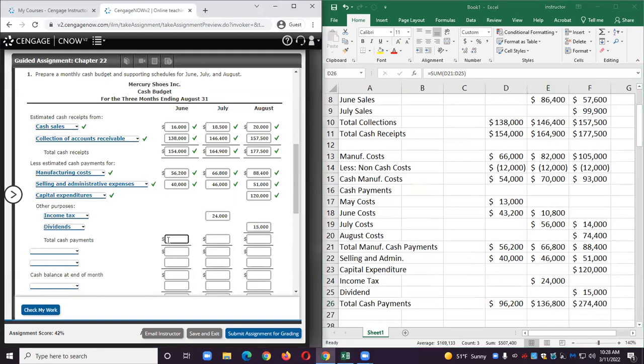The total cash payments are 96,200 for June, 136,800 for July, and 274,400. Woo, that's a lot in August, but we had that big capital expenditure that month.